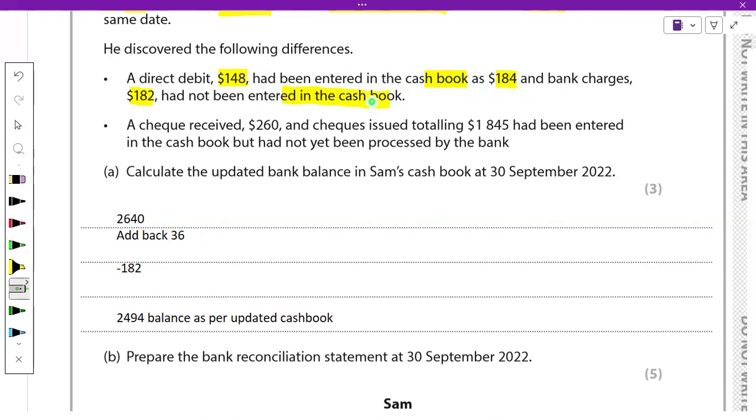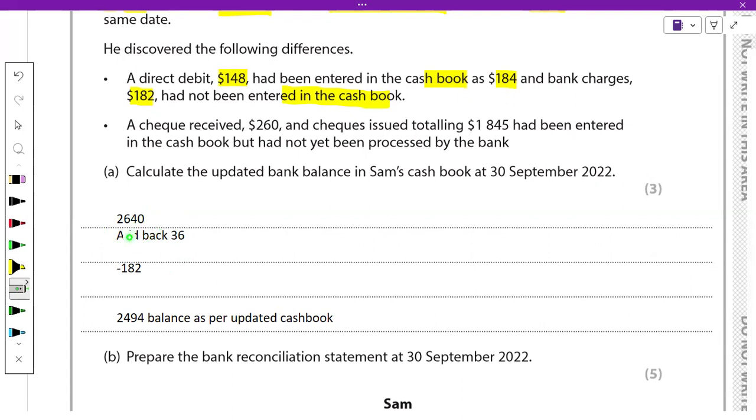What does it mean? It simply means that we subtracted $36 more, which we weren't supposed to do. So we have to add back $36 in the debit balance of the cash book.